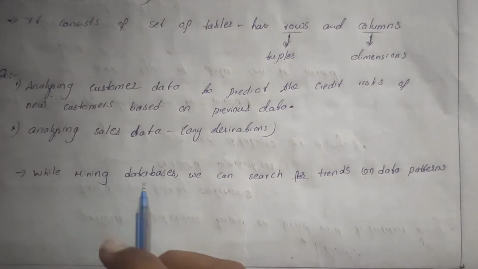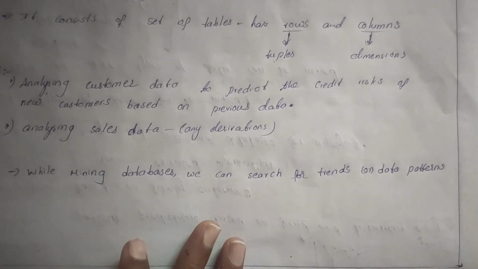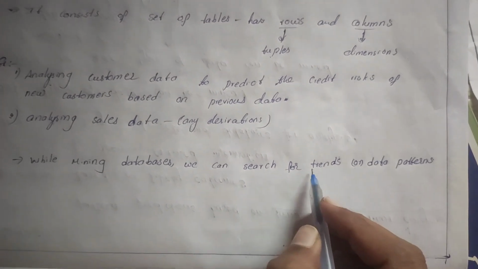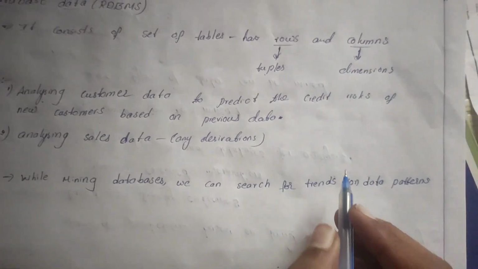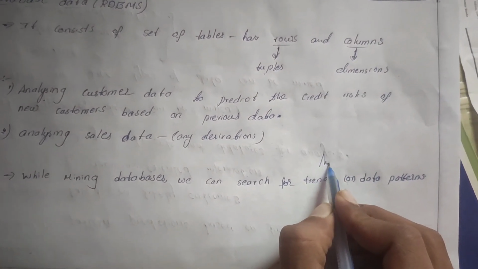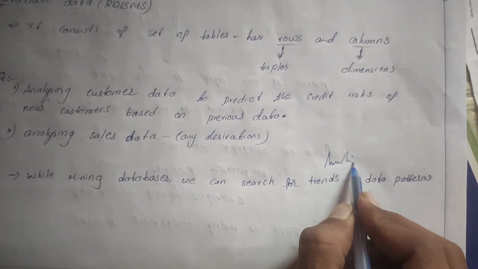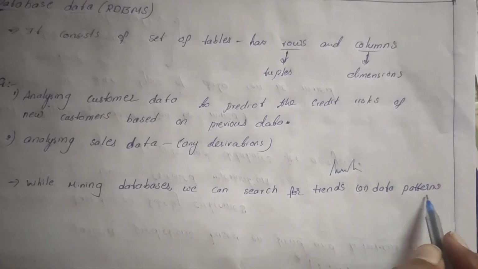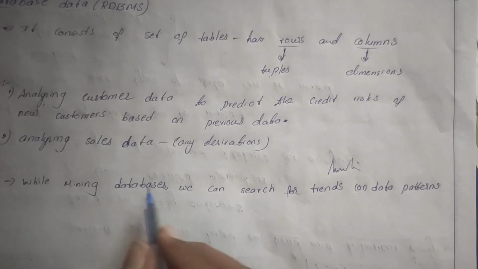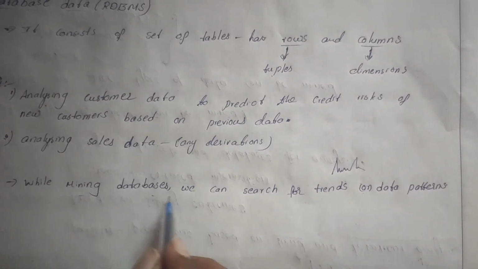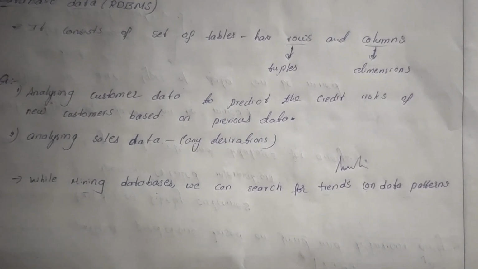Next, while mining a database, we can search for trends, and we already discussed that trends means the highest and lowest, by which you can predict, and we can design patterns.